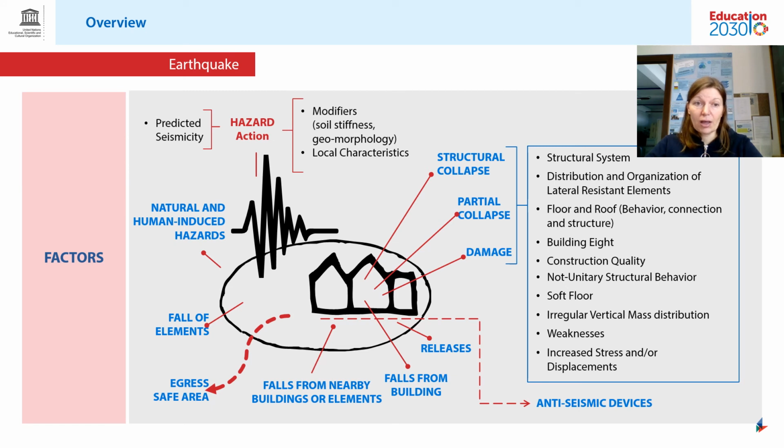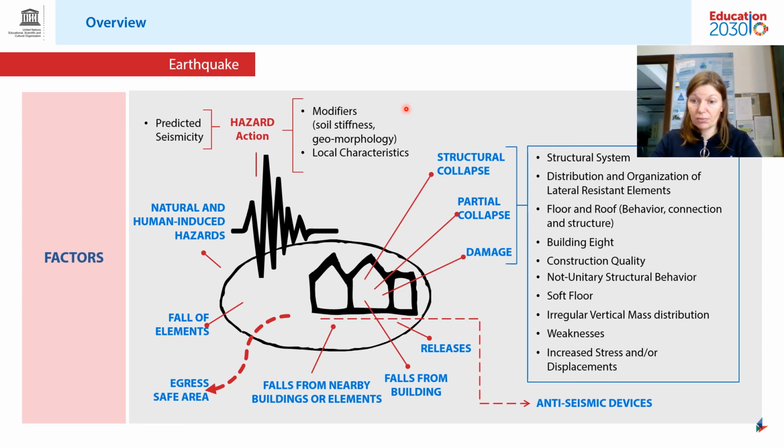The main factors that contribute to the characterization of the earthquake situation concern first the hazard characterization, so the predicted seismicity using hazard maps or local knowledge, and hazard modifiers. For example, the soil stiffness and the geomorphology.